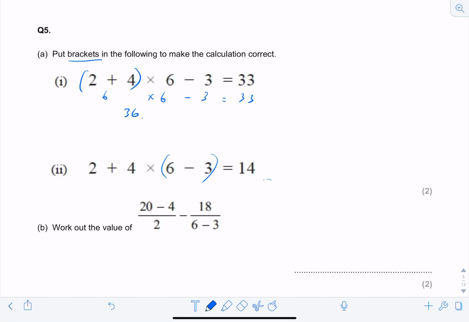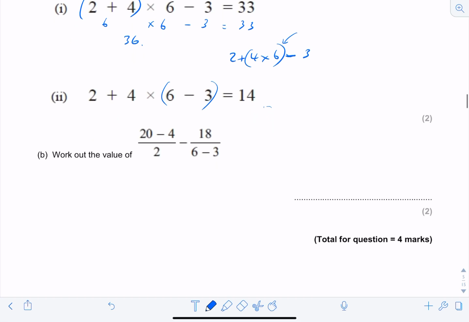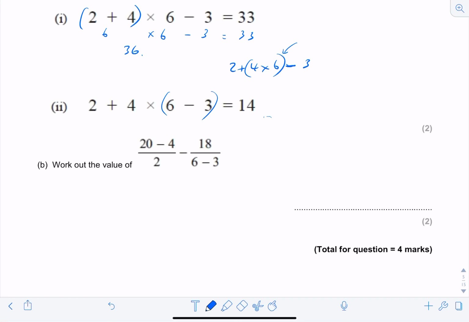So there's a little bit of guesswork, really, but because it says put brackets in, you know you're going to have to put brackets in. And because brackets only really affect adding and subtracting, I know it's not going to be around there, because adding brackets there doesn't make any difference.